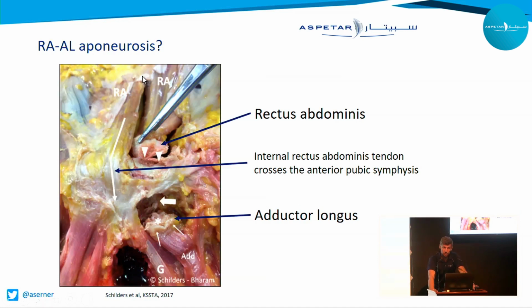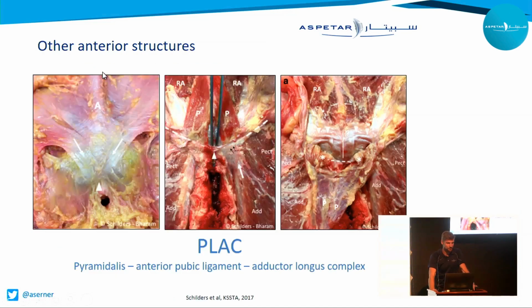In the middle, we do have a bit of the rectus abdominis, so an internal tendon extending across the pubic symphysis, but separate from this adductor longus insertion. So we'd prefer not to refer to this area as the rectus abdominis adductor longus aponeurosis.